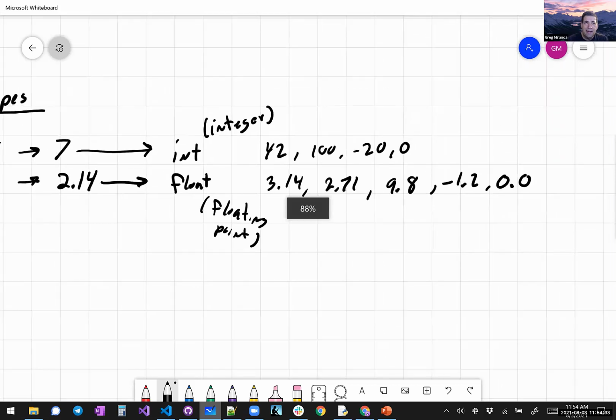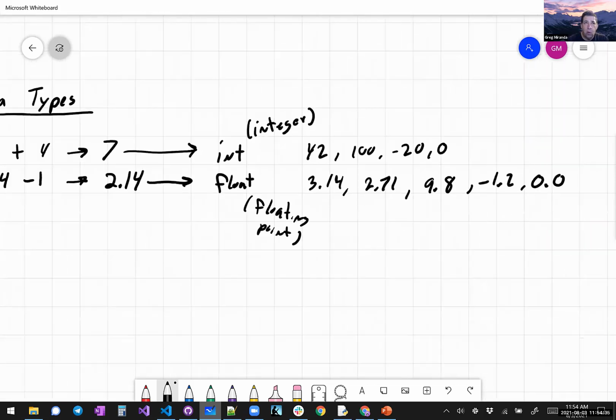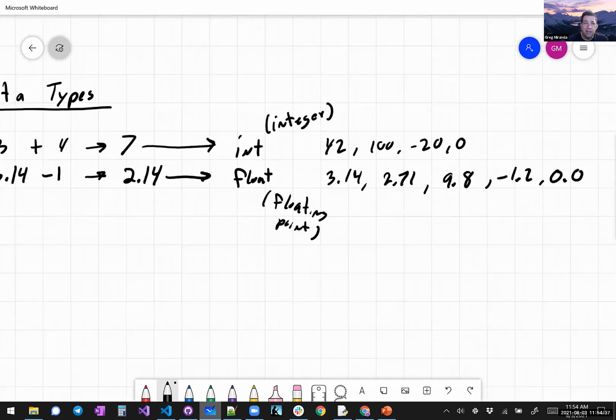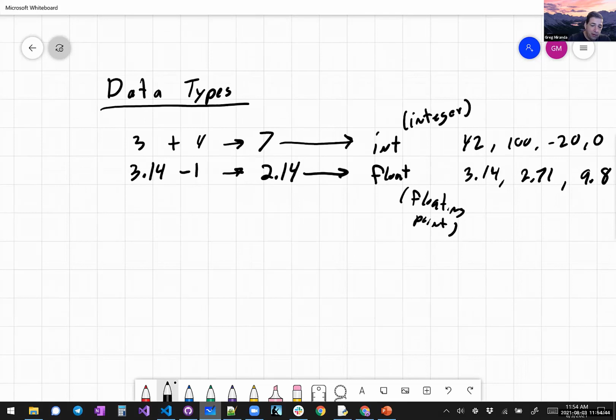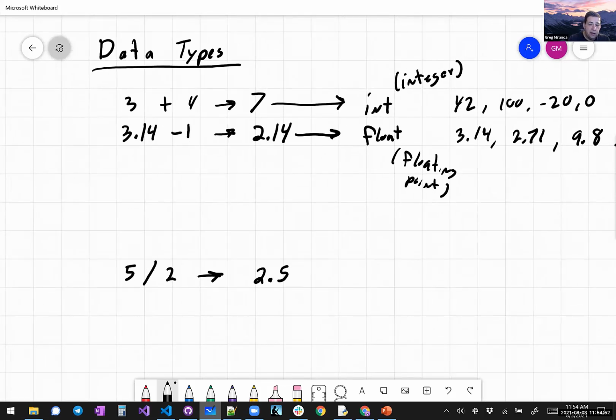So why does this matter? Why do we have two types of numbers in Python? This is actually pretty normal in programming, not just Python. Remember, if we divide 5 by 2, we're going to get 2.5. By the way, those are two integers, an integer divided by an integer, but it still results in a floating point number.